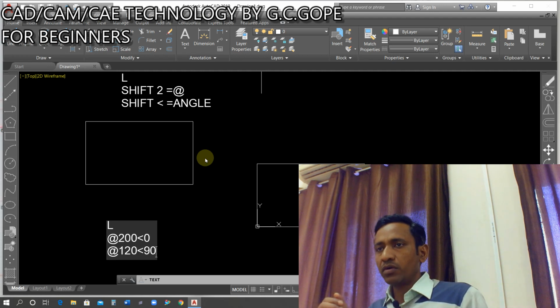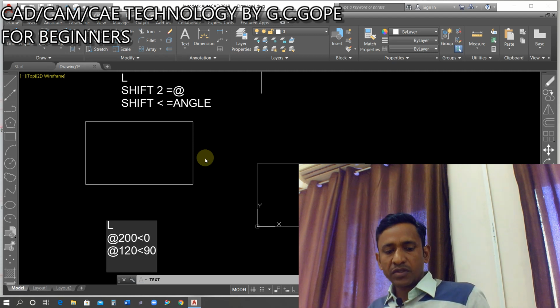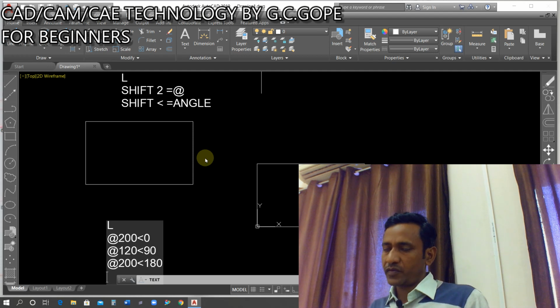You don't need to put the sign of degree. Now at the rate, the dimension will be 200, less than how much? 180 degree. Next one, the dimension will be 120 and the angle will be 270.